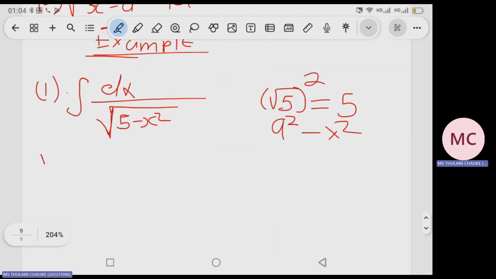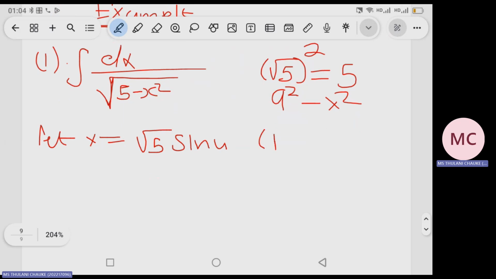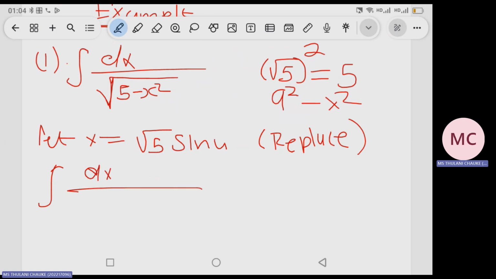So meaning that we're going to let our x be equal to the root of 5 times the sine of u. Then we'll replace where there is x with that. Then we have 5 minus, and x is root 5 sine u, then we square this.